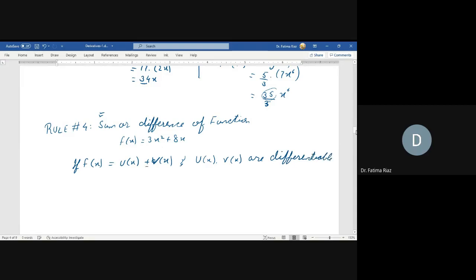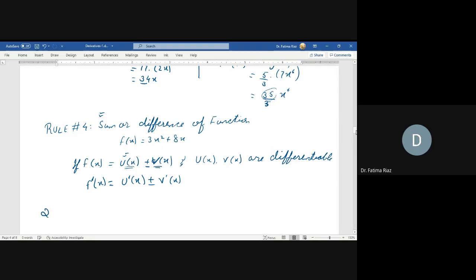Okay, this can be written as plus minus. It can be u of x plus v of x, it can be u of x minus v of x. So f prime x, f dash x will be equals to u prime x plus minus v prime x. That means that you can take the individual derivative of these functions.